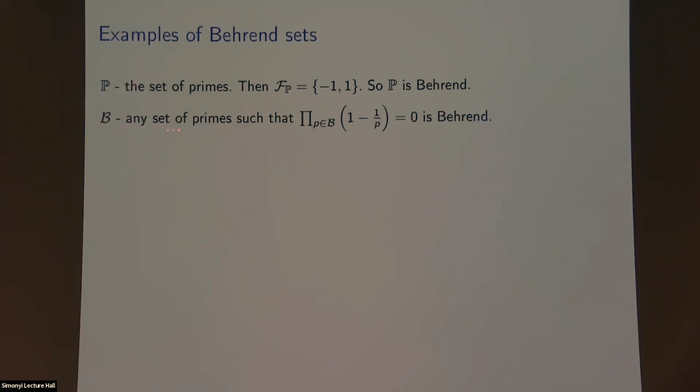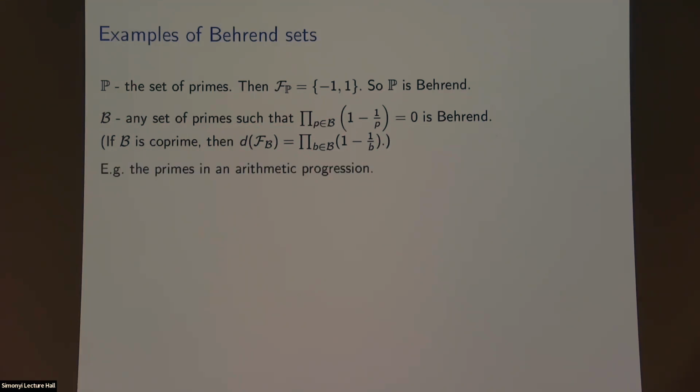For B, we can take any set of primes such that the sum of reciprocals diverges, that is, the product is 0. And such a set B will be Behrend. This is because in the coprime case, this formula gives you the density of B-free numbers. For instance, you can take all primes in an arithmetic progression, provided this progression contains at least one.